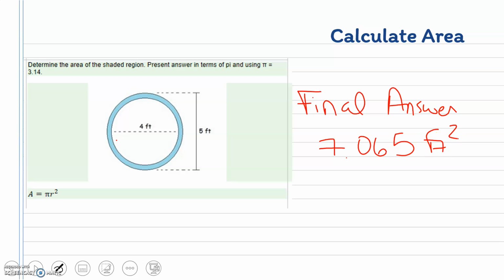I will provide you with my exemplars at the end so you can see how I work these out.